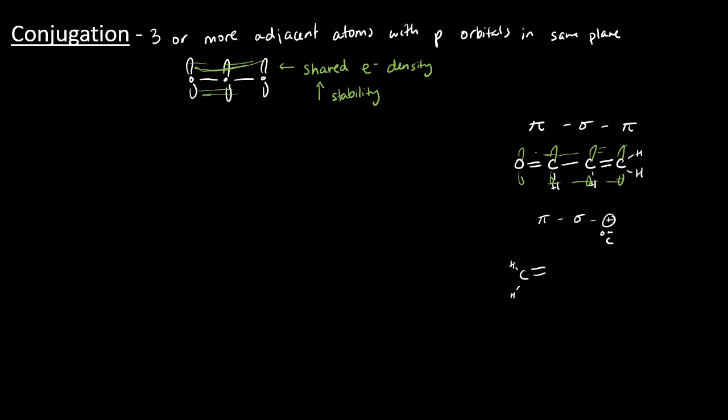So we'll start with a pi over here, then a sigma, and then when carbon has a positive charge, it only has 3 bonds. So 3 bonds, that means it's trigonal planar. 3 bonds, sp2 hybridized, so it has that empty p orbital. Okay, so p orbital here, here, and there.